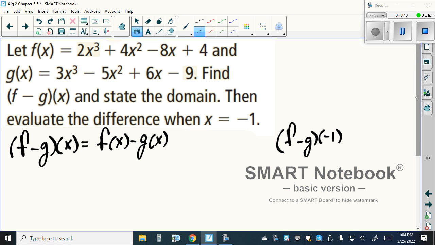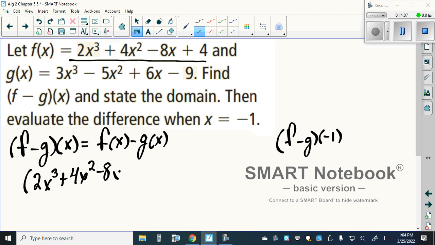Now again, just like before, we could replace our function f of x with what it is, 2x cubed plus 4x squared minus 8x plus 4. Now we're subtracting from it our function g of x, which is our 3x cubed minus 5x squared plus 6x minus 9.